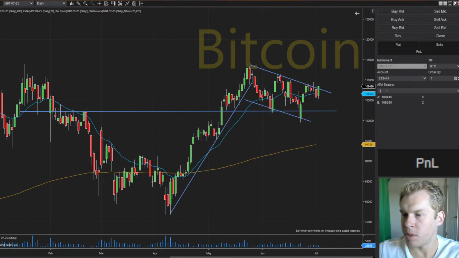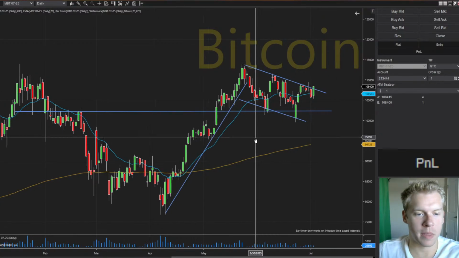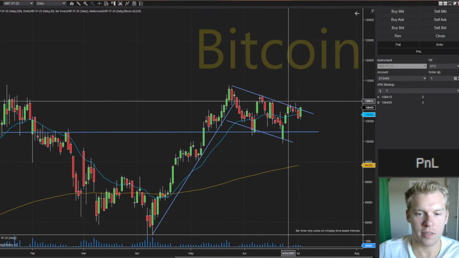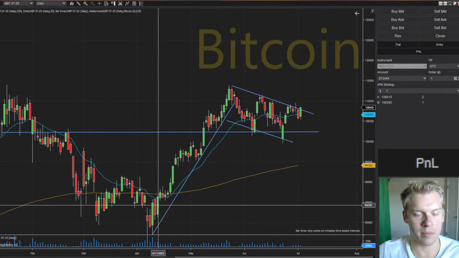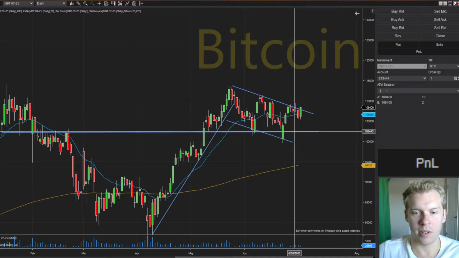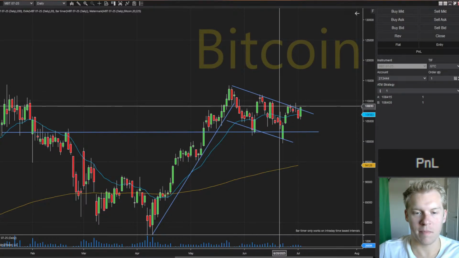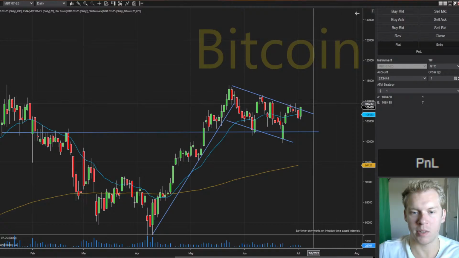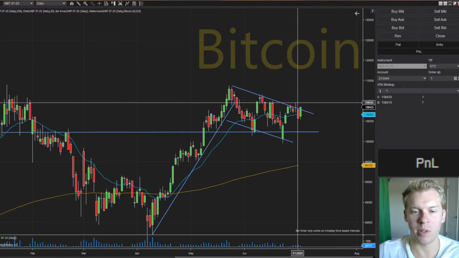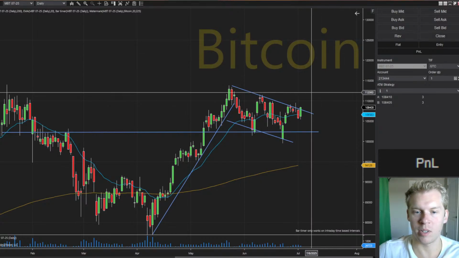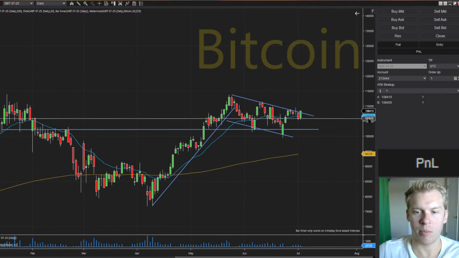So Bitcoin, the pattern here is a bull flag. We had a bull trend up, several pullbacks that really didn't get very far. So this is the flag. And now we're looking for a breakout up for Bitcoin. This is a pretty critical moment. Can Bitcoin break out above this? And if so, there's a good chance we can see higher prices.